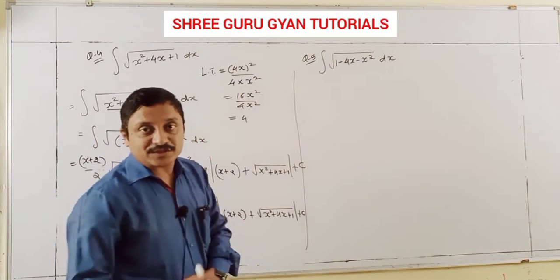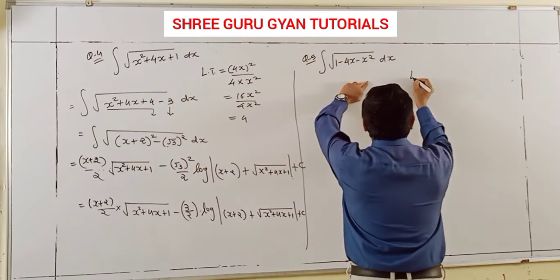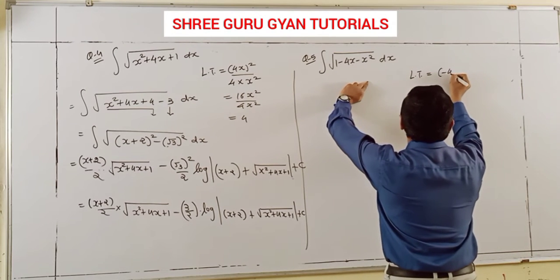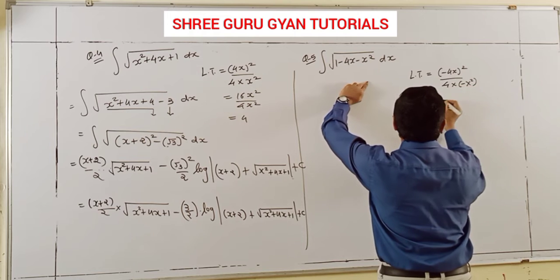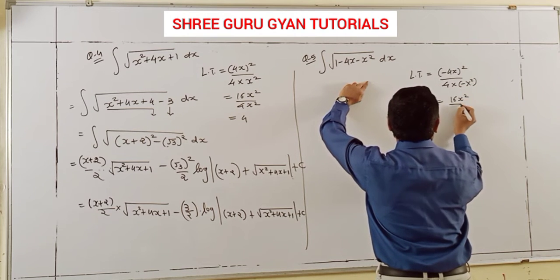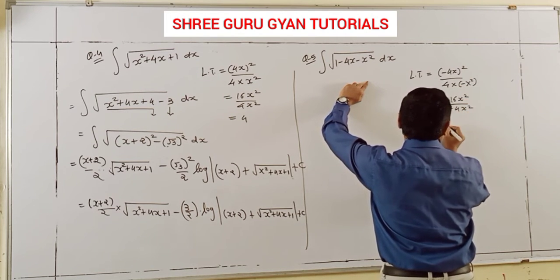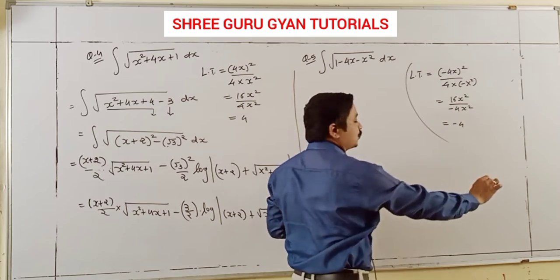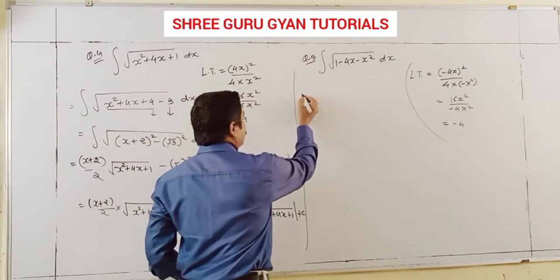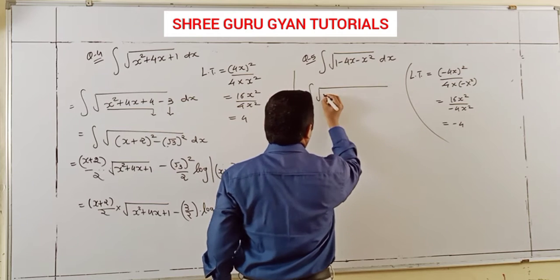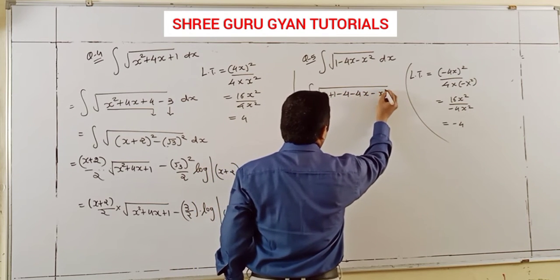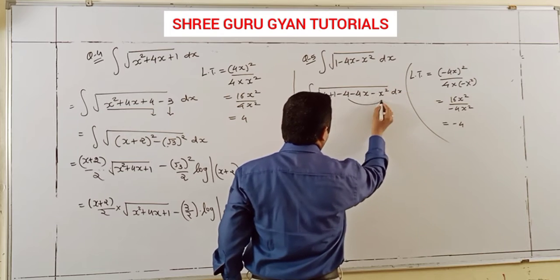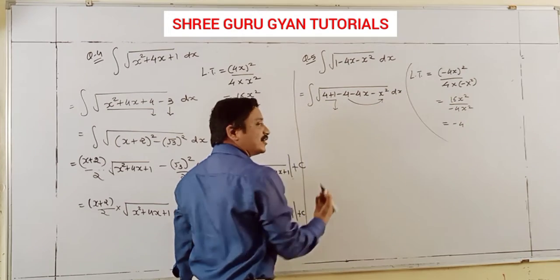Okay, x square coefficient negative, so I go to last term: midterm square, 4 into last term, so 16x square by minus 4x square, it is minus 4, and my value here added plus 4 minus 4, and this is a perfect square trinomial and that is different.